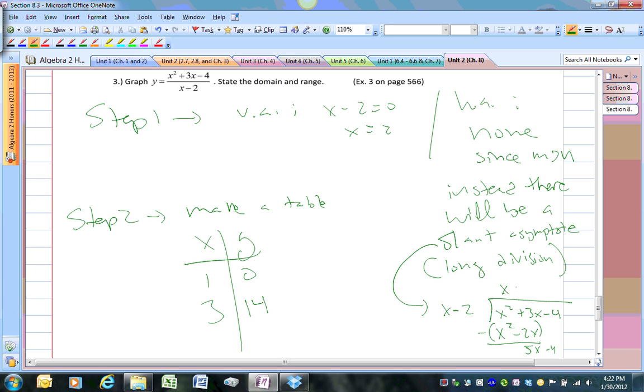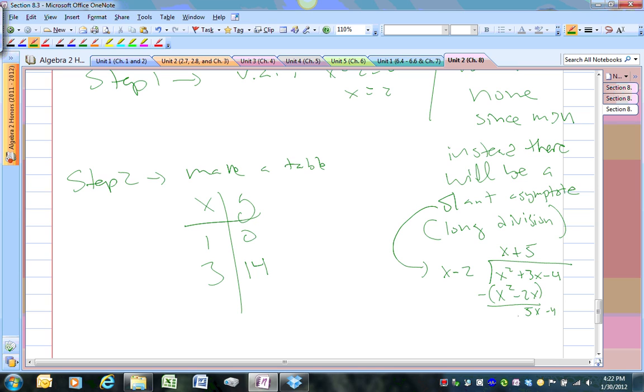X goes into 5x 5 times. So we have that. So you have 5x minus 10. Then we could just kind of stop at that point. So x plus 5 is what we have here. So that's going to be your slant asymptote.